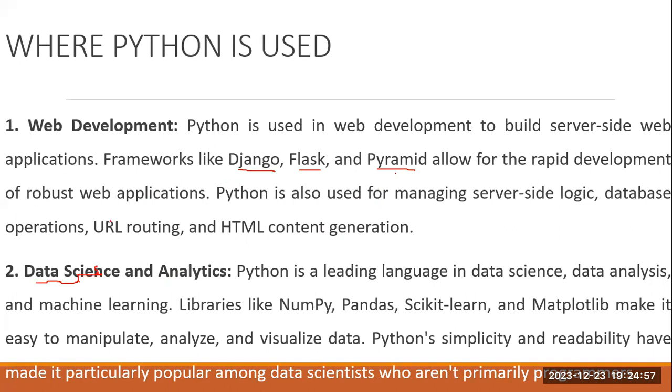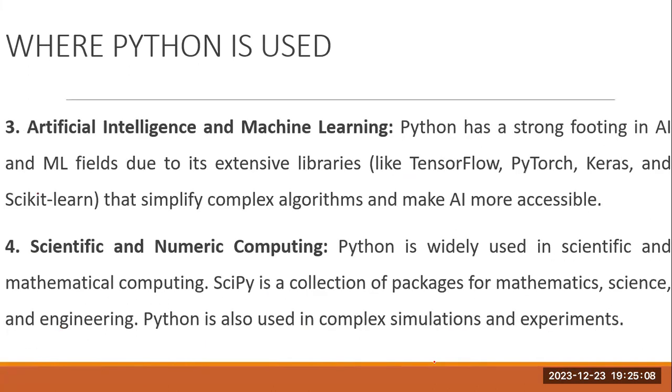In Python, you can use NumPy, Pandas, Scikit-learn, Matplotlib, and other libraries for data science. You can use it in machine learning. You can use TensorFlow, PyTorch, Keras, and Scikit-learn libraries to solve your problem using machine learning tools.